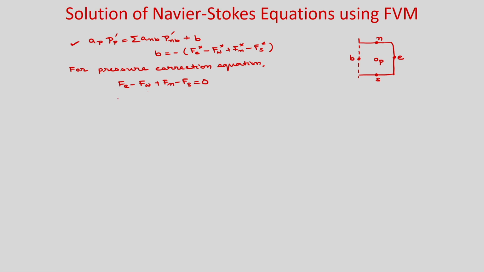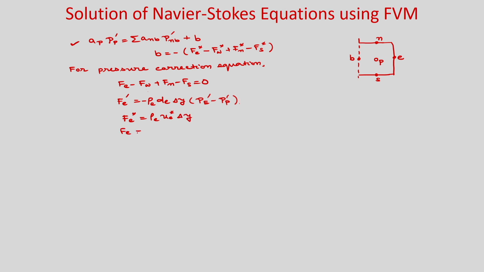For the east face, if you write F e prime, then it will be rho e d e delta y times the pressure correction difference, and F e star is your rho e u e star into delta y.